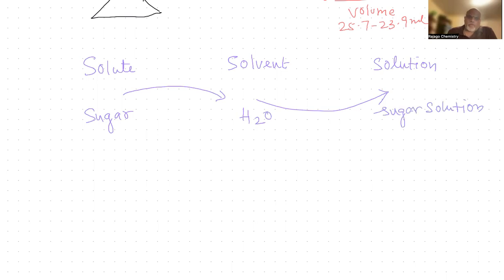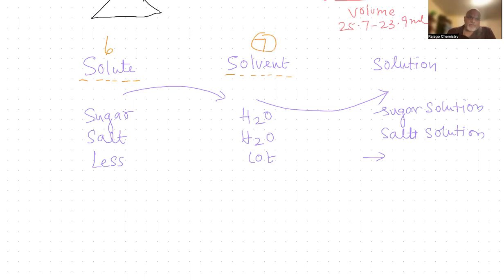Or you take salt and add it into water and make a salt solution. So for a solute, you can remember that the amount that is less is added to a lot to make a solution. You can remember just by six letters compared to seven letters.